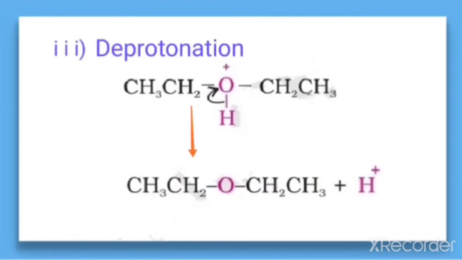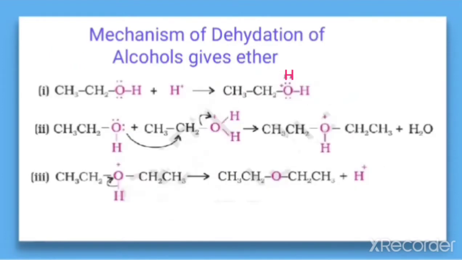In the third step, deprotonation takes place. That means removal of this H positive. The H positive gets removed. That is called deprotonation, removal of proton. That results in the formation of the product, that is ether. So these are the 3 steps by which ether is formed from alcohol.